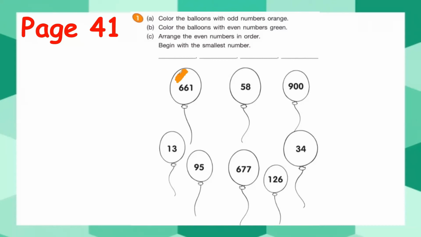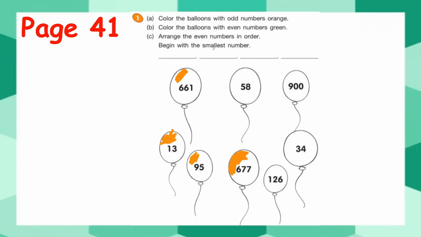Color it with orange. 13 is an odd number. 95 is an odd number. And 677 is an odd number. So you are going to color them with orange. Okay, so you will continue coloring that one.